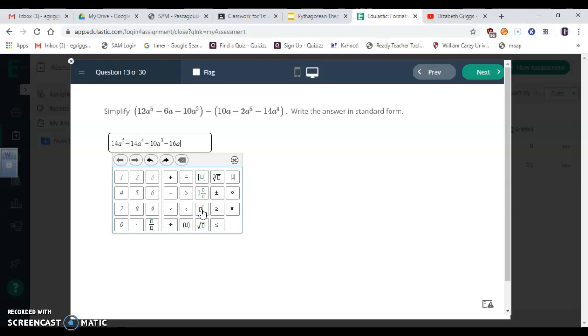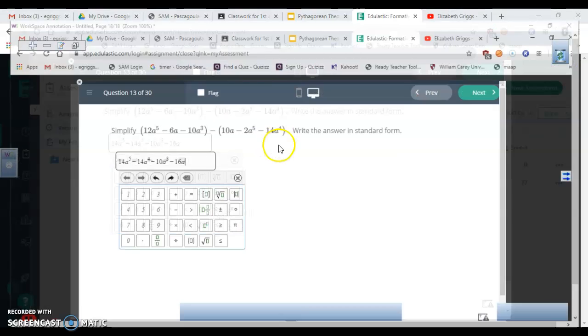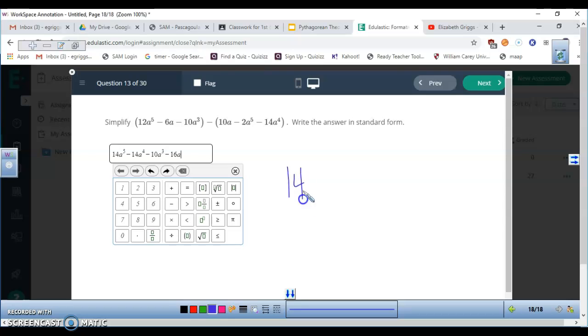Minus 16a. If you do not type it in the box like this, it will not give you credit. Sometimes I have people who use symbols like this. I understand that, but they're not here. It will not work. I also have people that literally write out the words 14a to the 5th power.